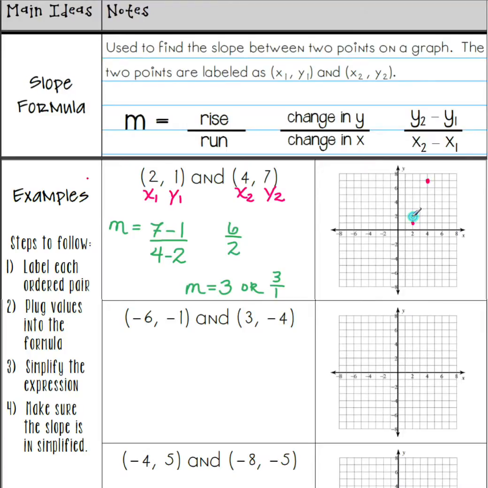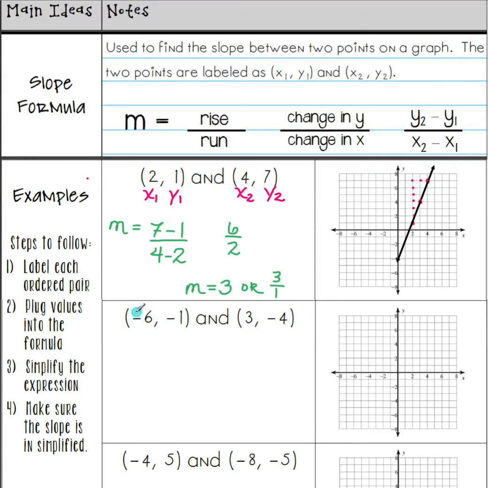We should be able to see that if we go up 2, 3, 4, 5, 6, and over 1, 2, that up 6 over 2 simplifies to 3 over 1, which is the same as the slope of 3. We should also be able to see that if we go up 3 and over 1, here would be another point on that graph. So we can see that that is where our slope came from, and we can see that through another point on the graph as well.